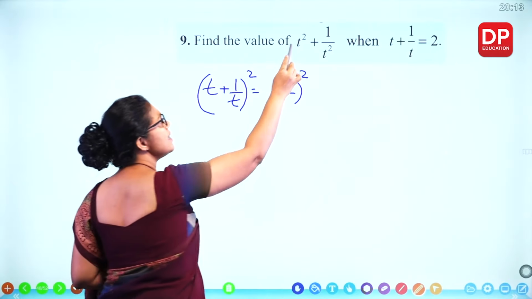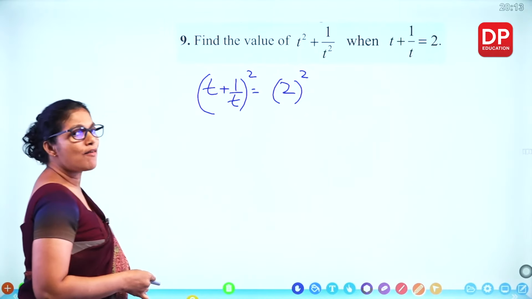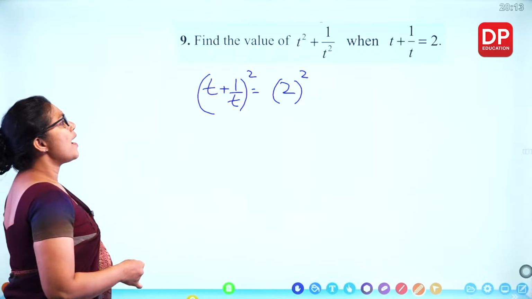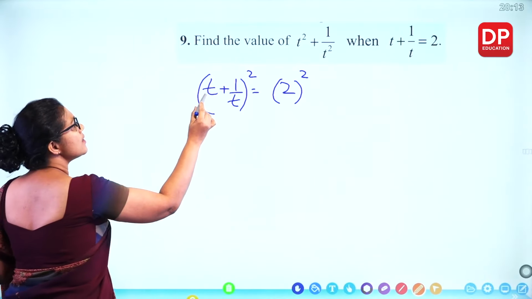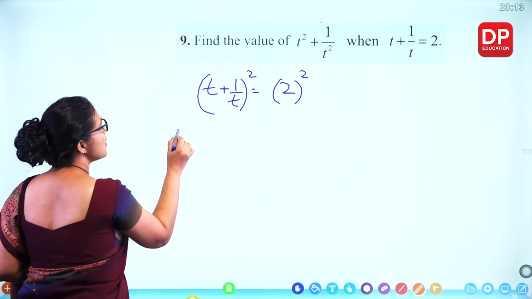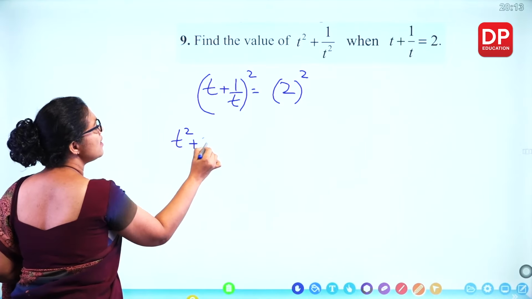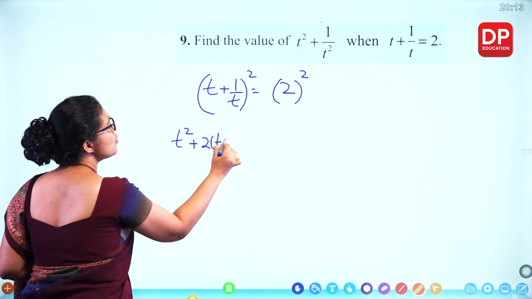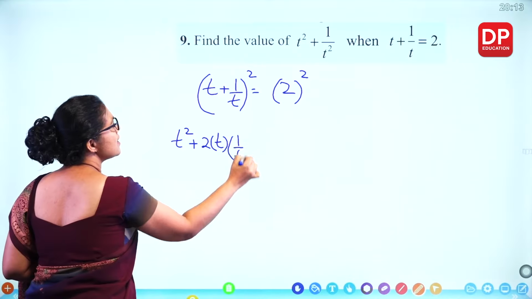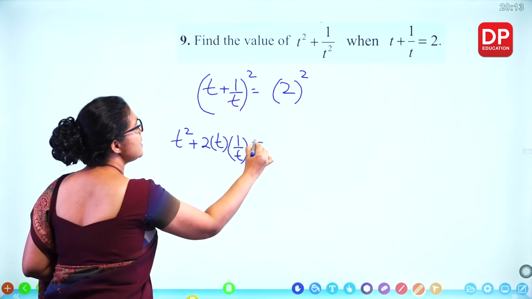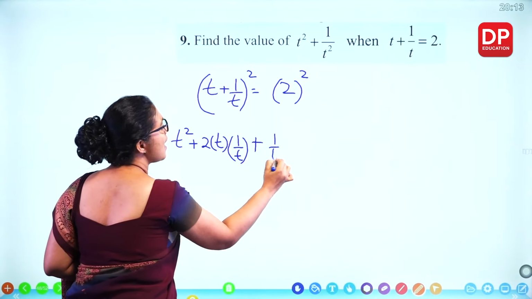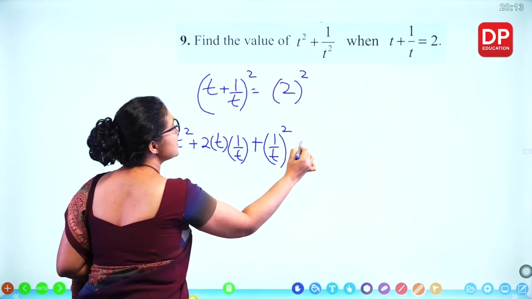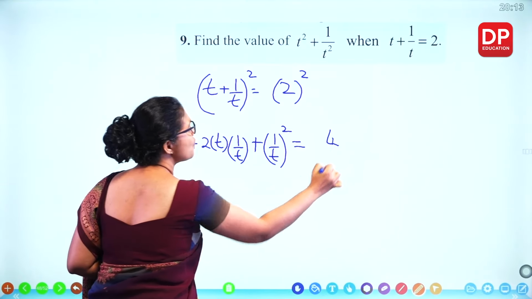We can see in this expression we get power 2. So when you are expanding, what happens? t squared, first term squared, double of t into 1 over t, double of these two, and square of the last term. That's equal to 2 squared, which is 4.